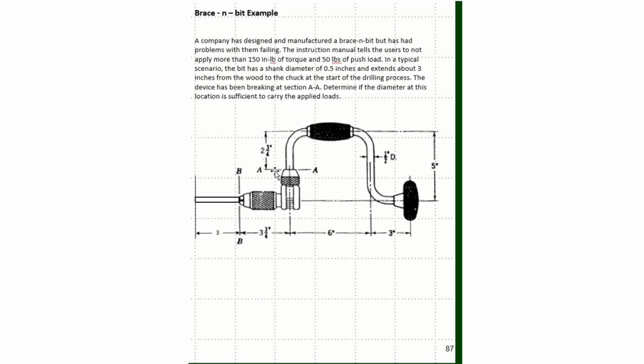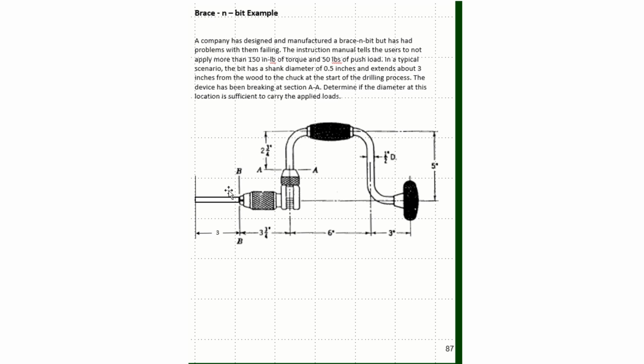So we need to come in and analyze the stresses at this point here and determine if the shaft at that location is large enough to carry the applied loads that are generated when drilling a hole.